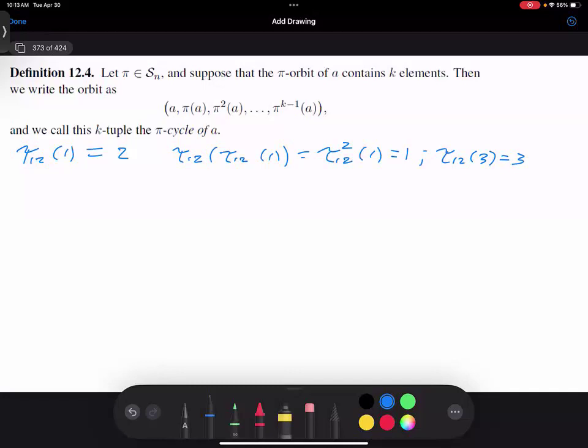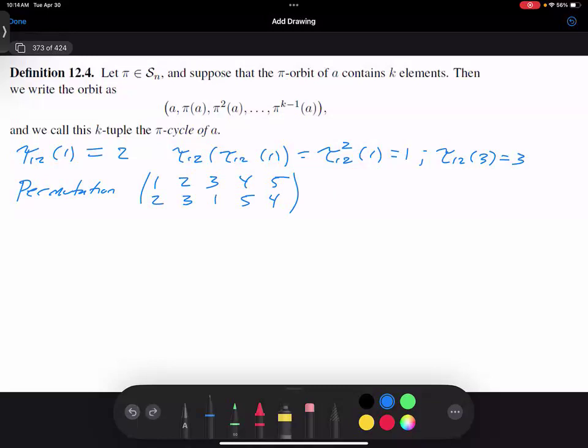And more generally, let's say we have the permutation 1, 2, 3, 4, 5 going to 2, 3, 1, 5, 4. I claim we can write this as 2 different permutations, but we can look at orbits.